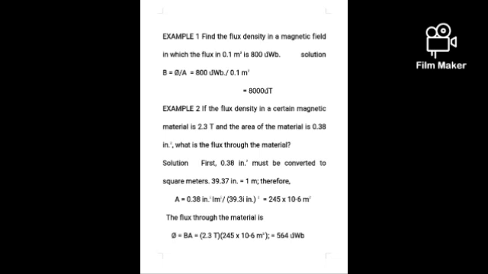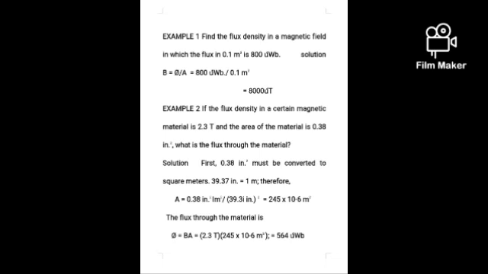Now let's look at example 2. We are told that the flux density in a certain magnetic area is 2.3 T and the area of the material is 0.38 square inches. What is the flux through the material? The first thing you need to do is convert to square meters. We have 0.38 square inches, so you convert it to meters, knowing that 39.37 inches is the same as 1 meter.